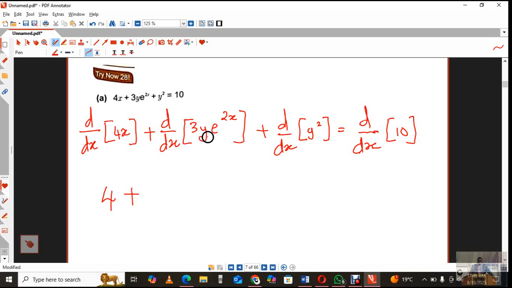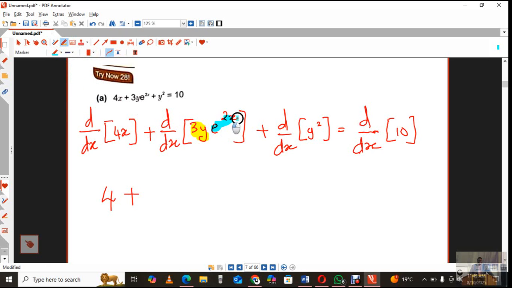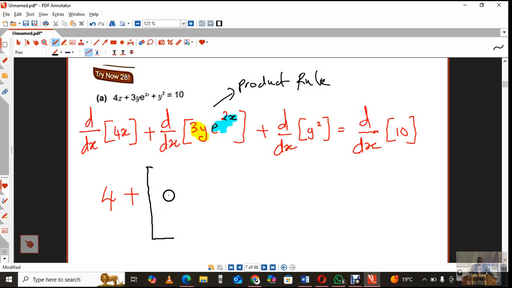The derivative of the next term, here you have to be careful. You have two functions: you have 3y as a function, and you can treat the exponential as another function. So I'm going to use the product rule here. Okay, so I'm going to bring my bracket in. What does it say?